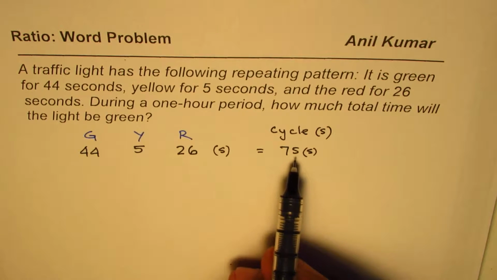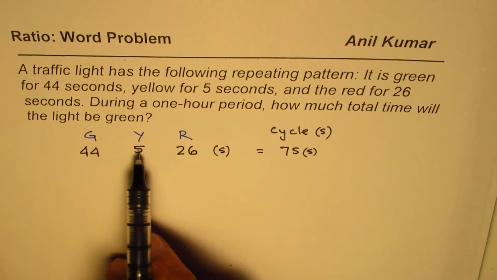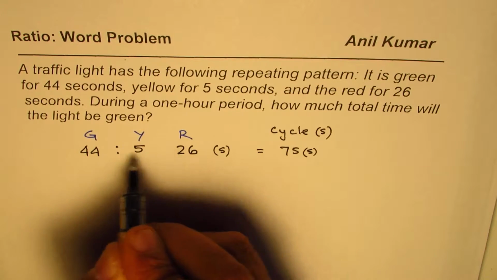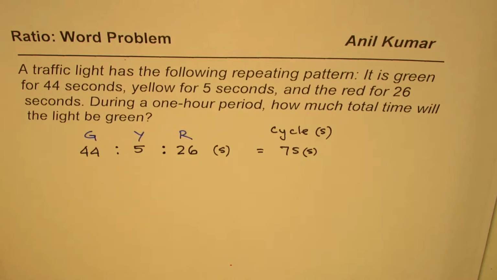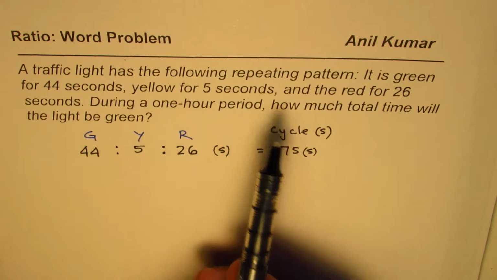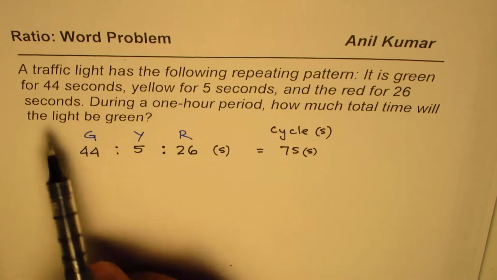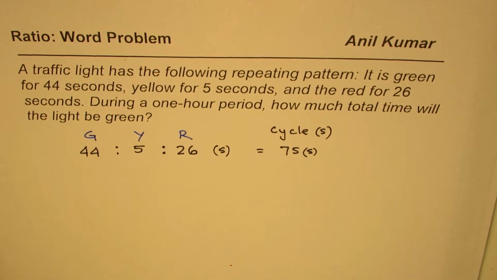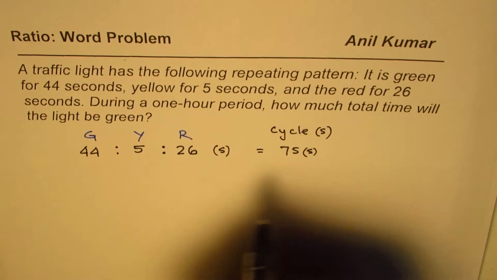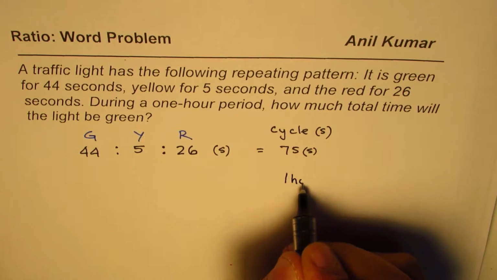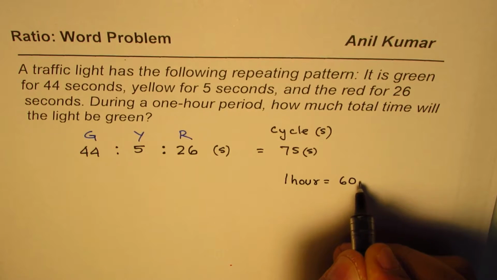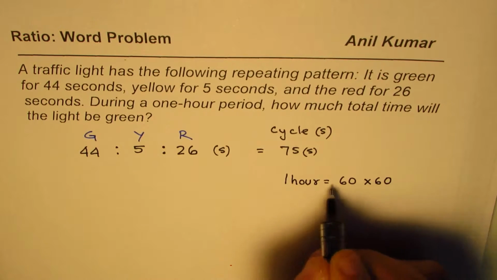So in 75 seconds, it is 44 seconds green, 5 seconds yellow, 26 seconds red, and that is the ratio we're talking about, correct? Now the question is, during a 1 hour period, how much total time will the light be green? 1 hour equals 60 minutes times 60, so those many seconds.